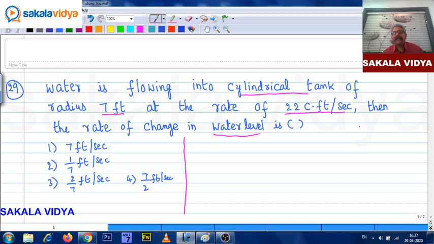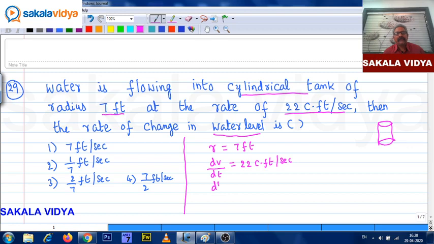So a cylindrical vessel means like this, it's a cylindrical shape. So what is given here: radius r is equal to 7 feet and dV by dt is given. Cubic feet means volume, dV by dt is 22 cubic feet per second.